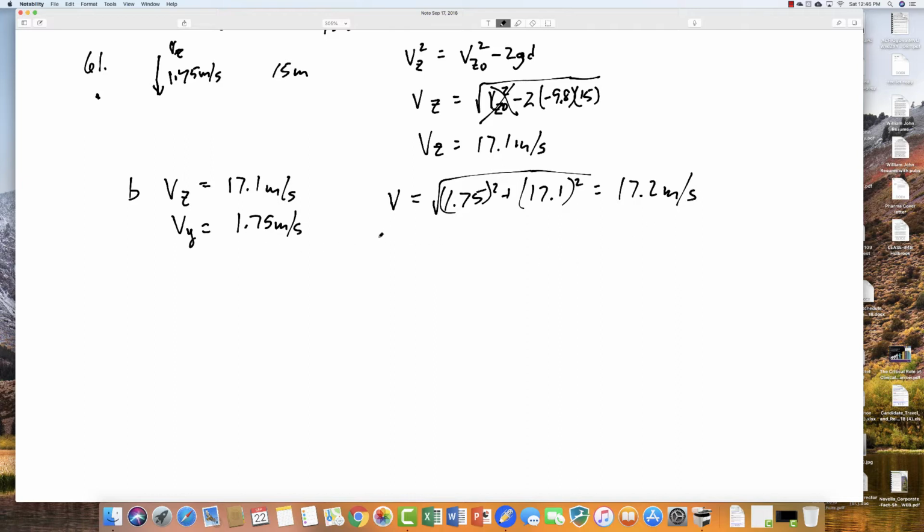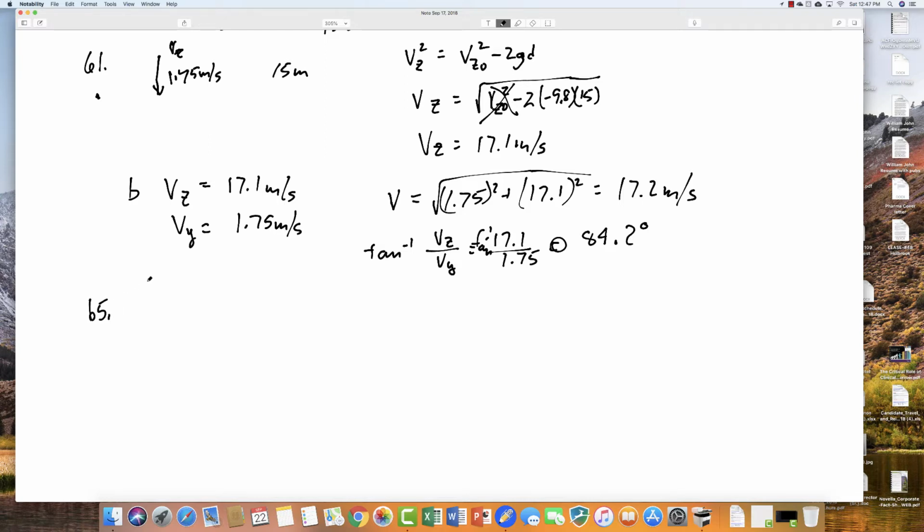And then the angle is going to be tan minus 1 of Vz over Vy, which is 17.1 over 1.75, tan minus 1 of that. So the angle is going to equal 84.2 degrees. But what that means is it's going this way and down into the thing, and I can't draw it in 3 dimensions, but it has that kind of 3-dimensional look to it.